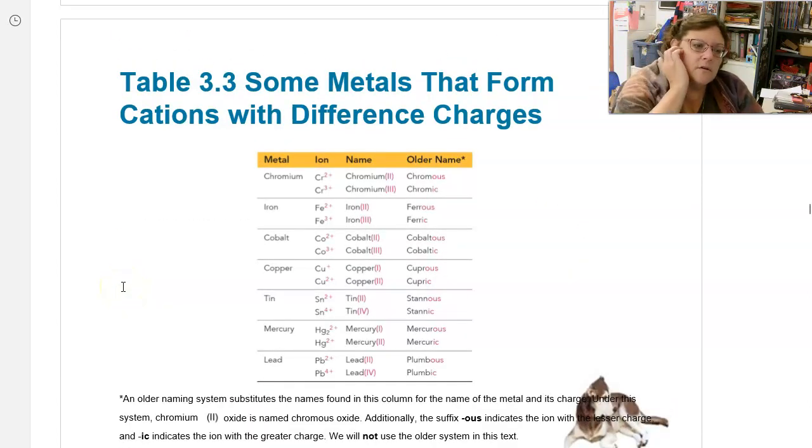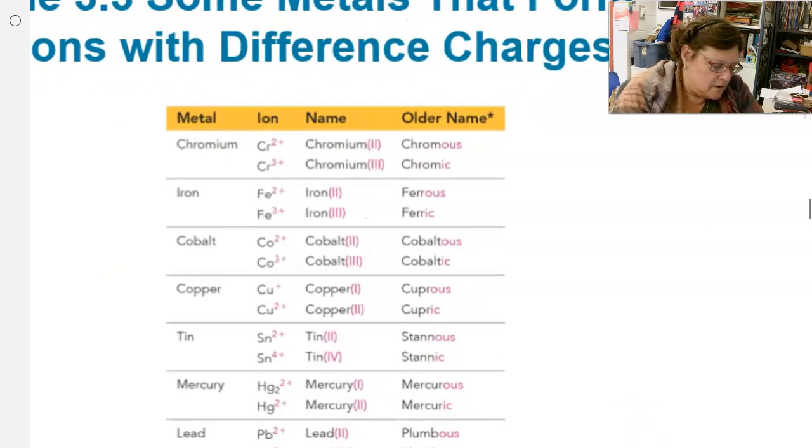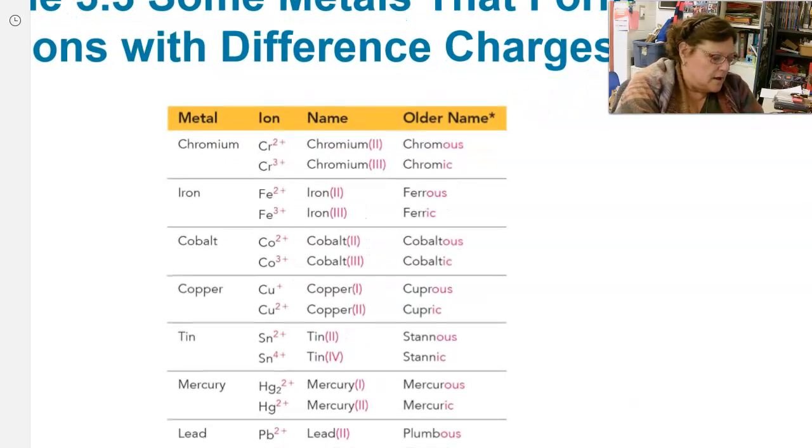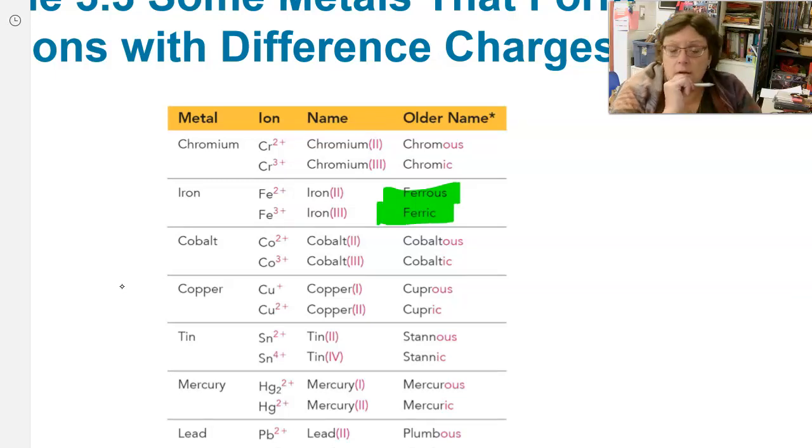So here is another table with some different metals. Just for fun, I will point out to you that on the right-hand side over here, iron 2 is called ferrous. Iron 3 is called ferric. When I was in high school, we didn't have this iron 2 in parentheses and iron 3 in parentheses. I had to learn Fe2 was ferrous and Fe3 was ferric.